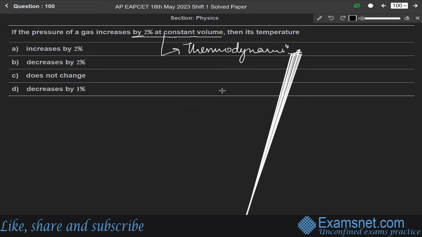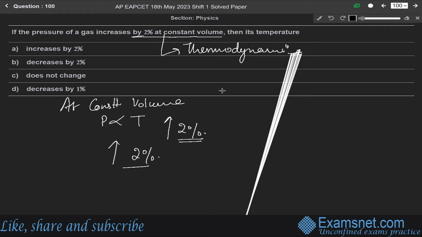So we know that at constant volume, P is directly proportional to temperature. Thus, if the pressure of a gas increases by 2% at constant volume, then its temperature will also increase by 2%. Means option A is the correct answer.